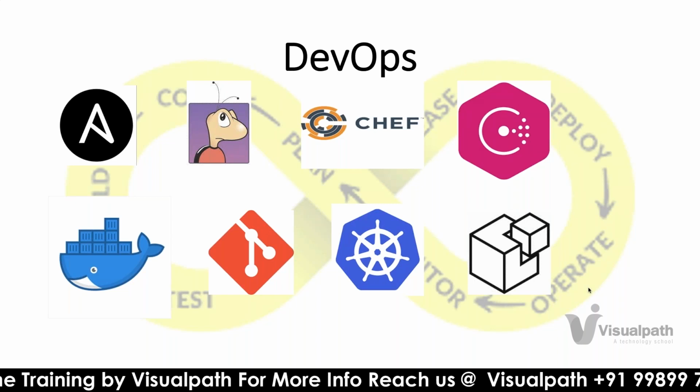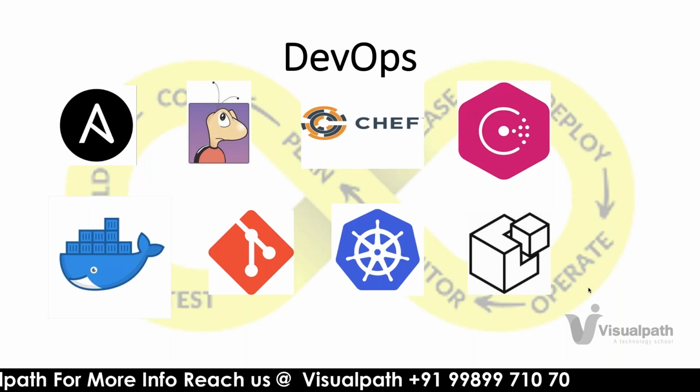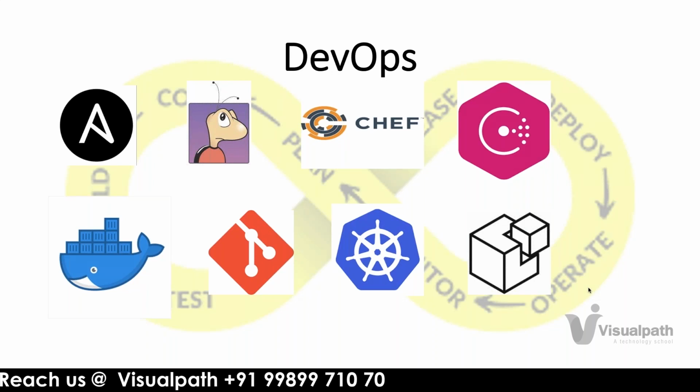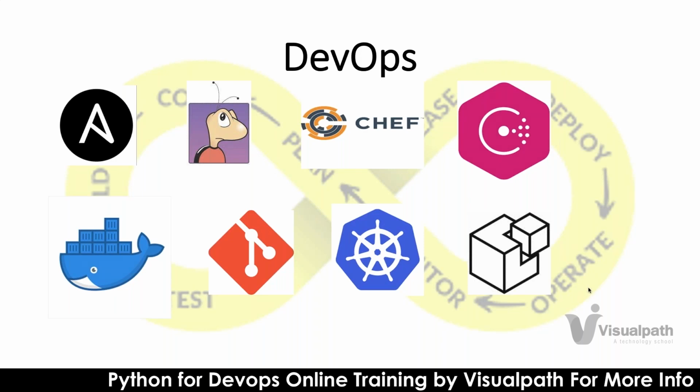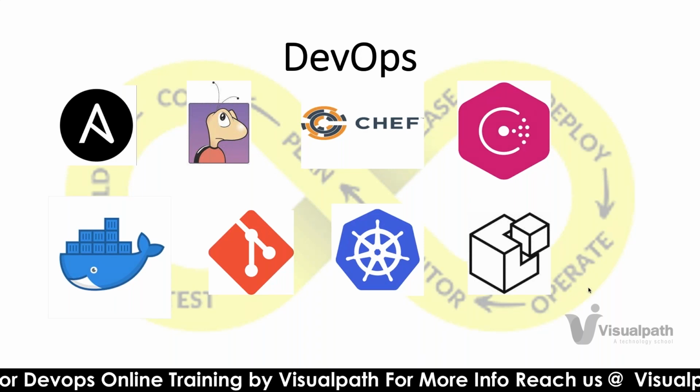A lot of tools came into the picture. All these tools are a general tool set which we can install from the repositories. Such tools I mentioned here, that is what DevOps actually is. So we have a lot of tool sets, and these tool sets are managing our infrastructure.